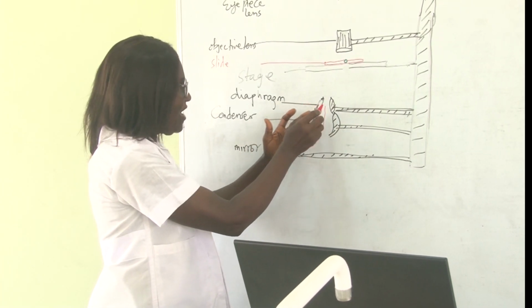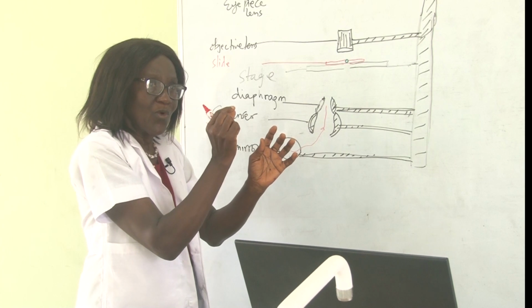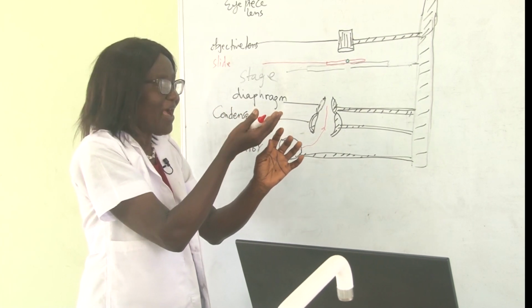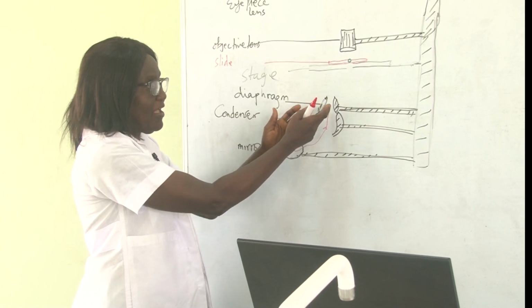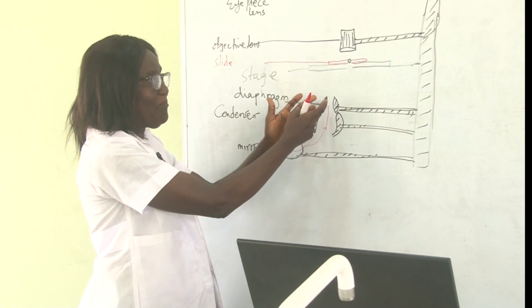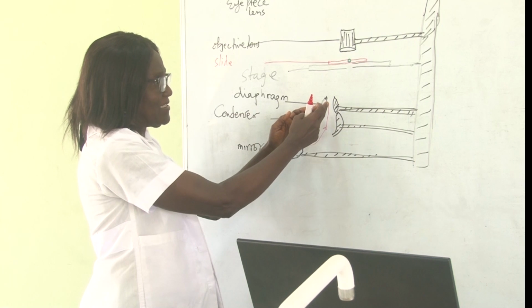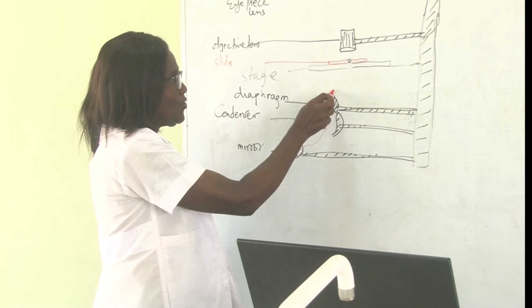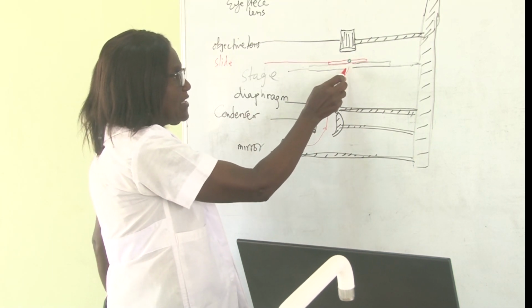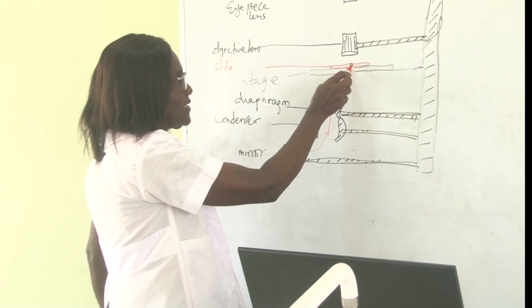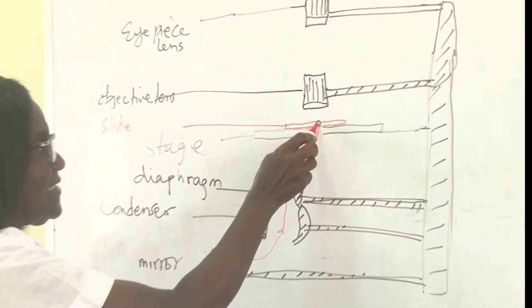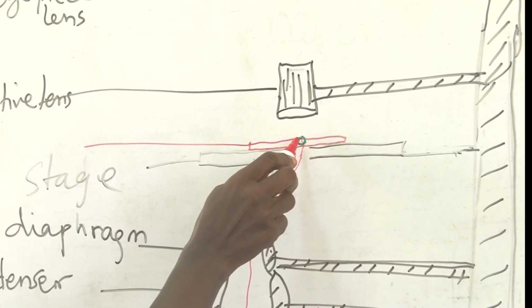You see that this diaphragm is a device that increases or reduces the hole through which the light can pass. So it regulates the light. Then the light goes through the hole in the stage. It goes through the microscope slide, then the specimen.